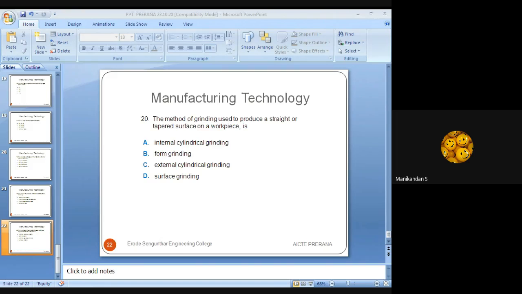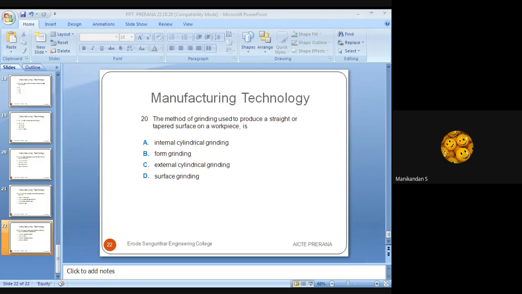The method of grinding used to produce a straight or tapered surface on a workpiece is actually external cylindrical grinding. Why? Because external cylindrical grinding is used to grind cylindrically, specifically external surfaces. Surface grinding uses rotating abrasive wheels to remove material, creating a flat surface, so it is not suitable.